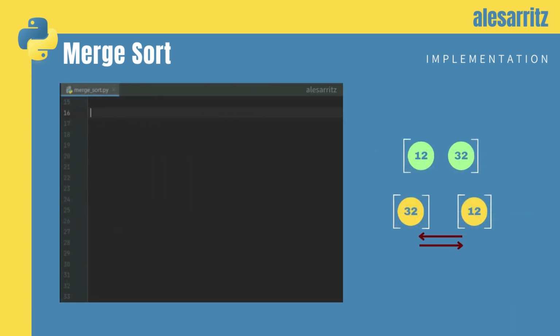Now we'll define the merge function, which will receive the two subarrays and will sort them. Let's start with the definition of the left and right index, and with the definition of an auxiliary array that will store our merged and ordered array. Let's process the subarrays until we fully process one of them.